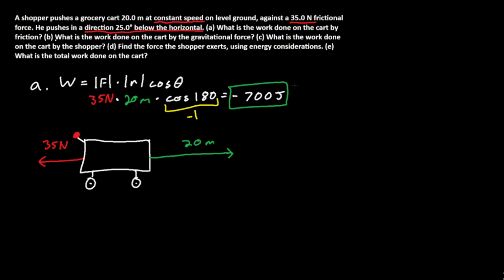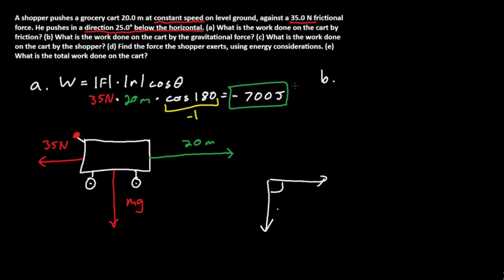Let's solve for B. What's the work done on the cart by the gravitational force? Gravitational force is straight down, mg. We're not given the mass. We know this is Earth, so gravity is 9.8 meters per second squared. But that completely doesn't matter, because no matter what the weight force is, the angle between the weight force and your displacement is 90 degrees. One is straight down, one is straight to the right.